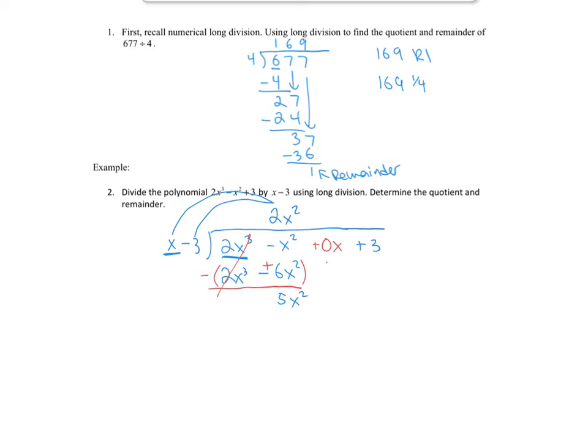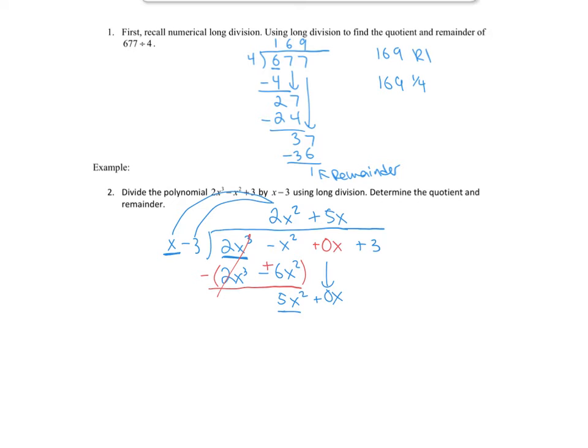Now I bring down my next term and I divide again. So I take x and compare it with 5x squared. And the question is, what do I multiply x by to get 5x squared? That would be 5x. It goes on the top.